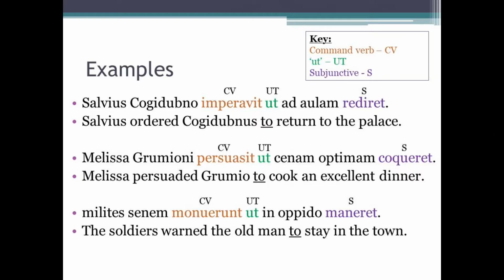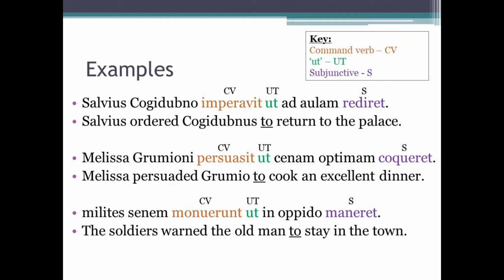So now let's have a look at a few examples of indirect commands. Salvius Cogidubno imperavit ut ad aulam rediret. Salvius ordered Cogidubnus to return to the palace.